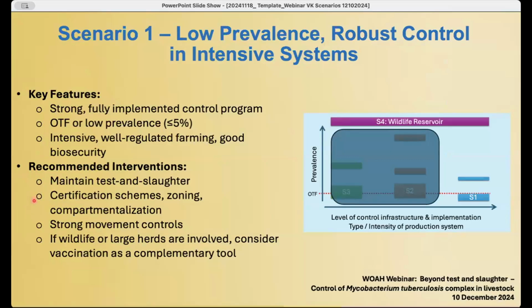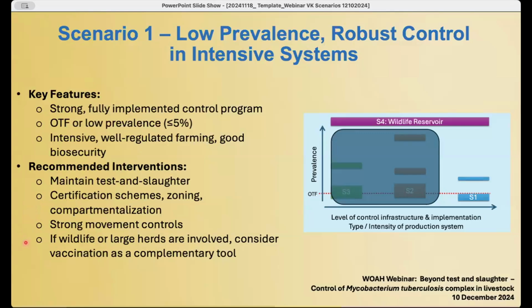Consider certification schemes, particularly zoning and compartmentalization, in case these are not being used extensively, as they might help better stratify the risk and enable the country or region to move forward with proper certification.